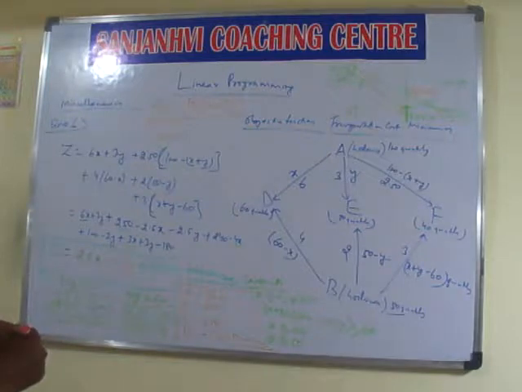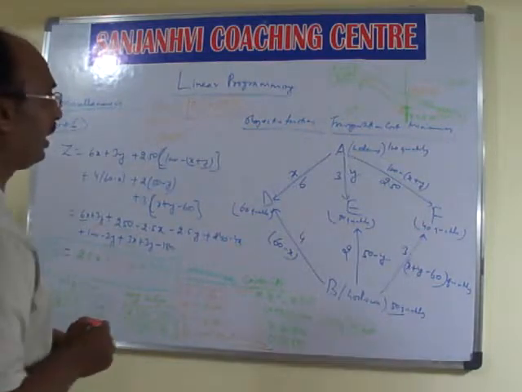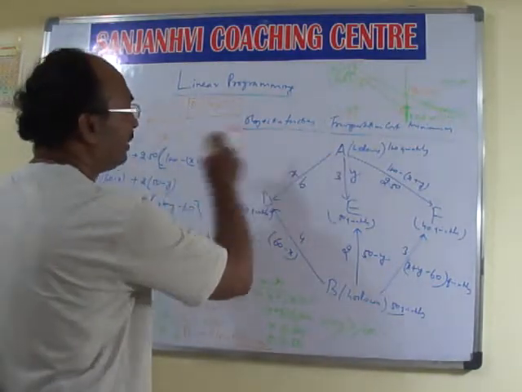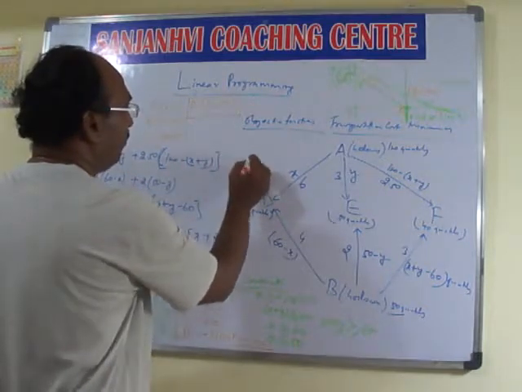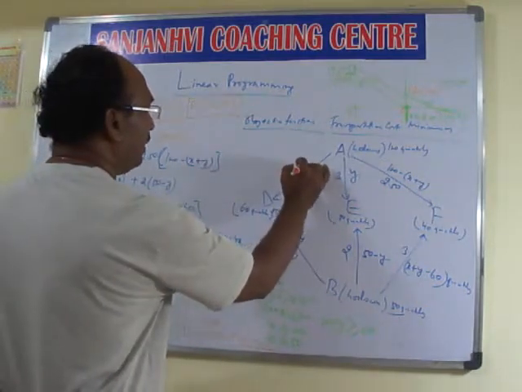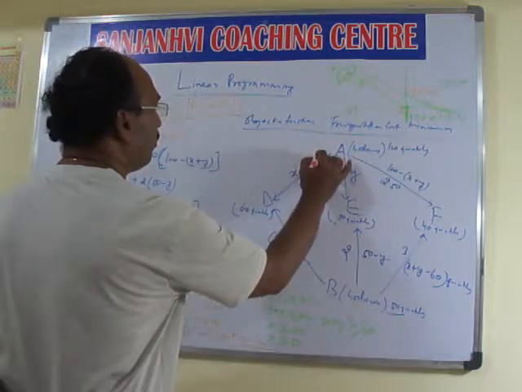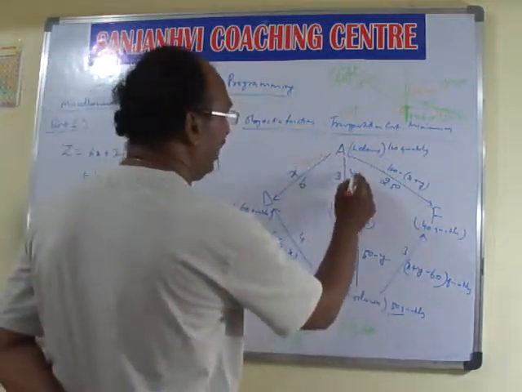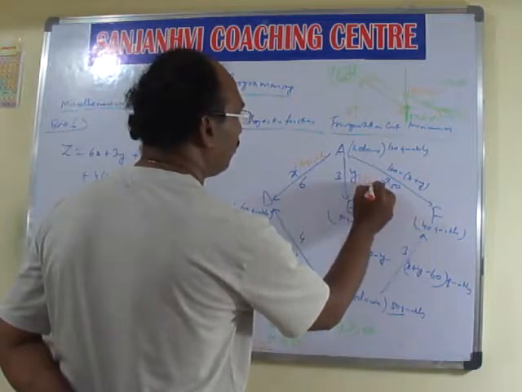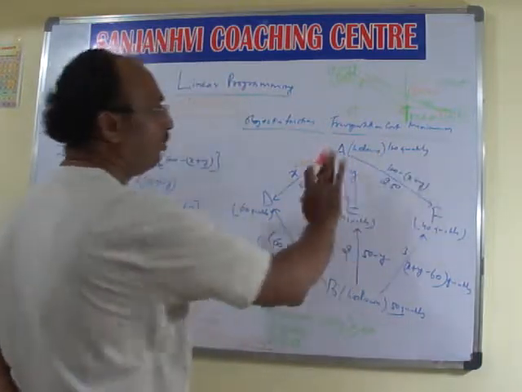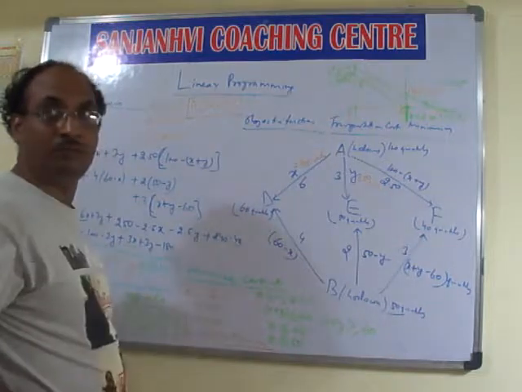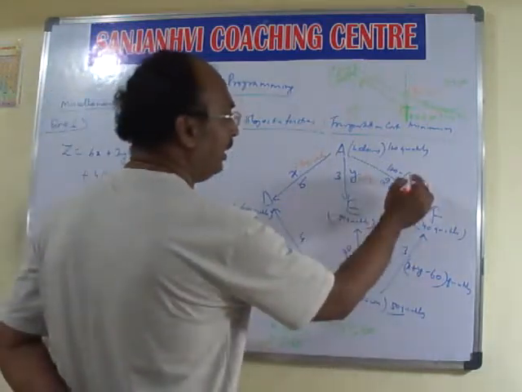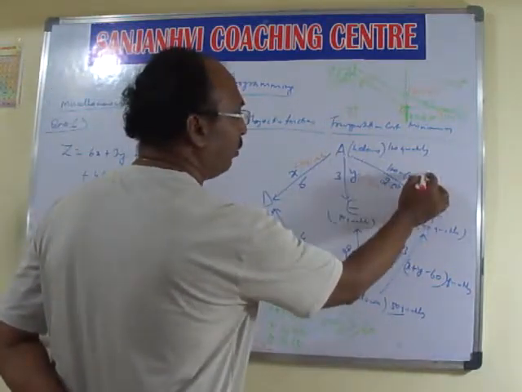So this value will give the minimum transportation cost, 10 and 50. So 10 quintal from A should go to D, and for E, 50 quintal should go. From A it will be 0.